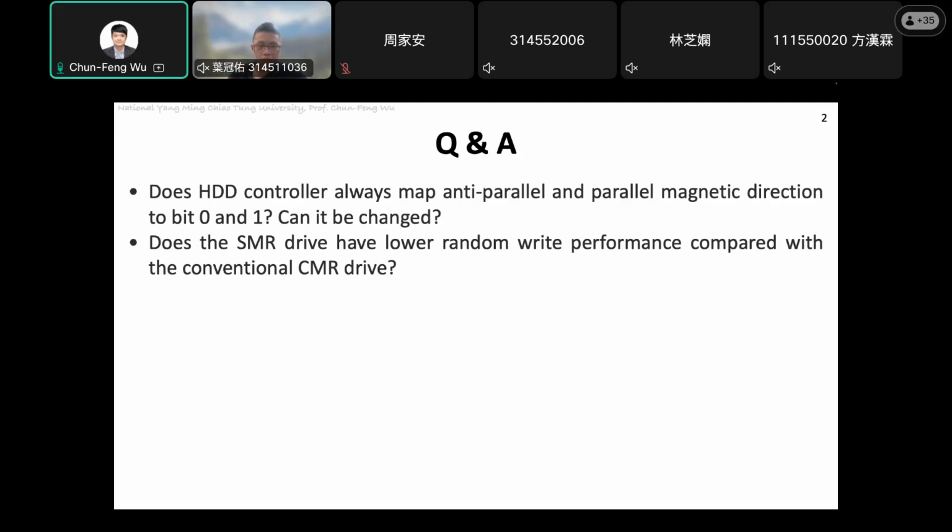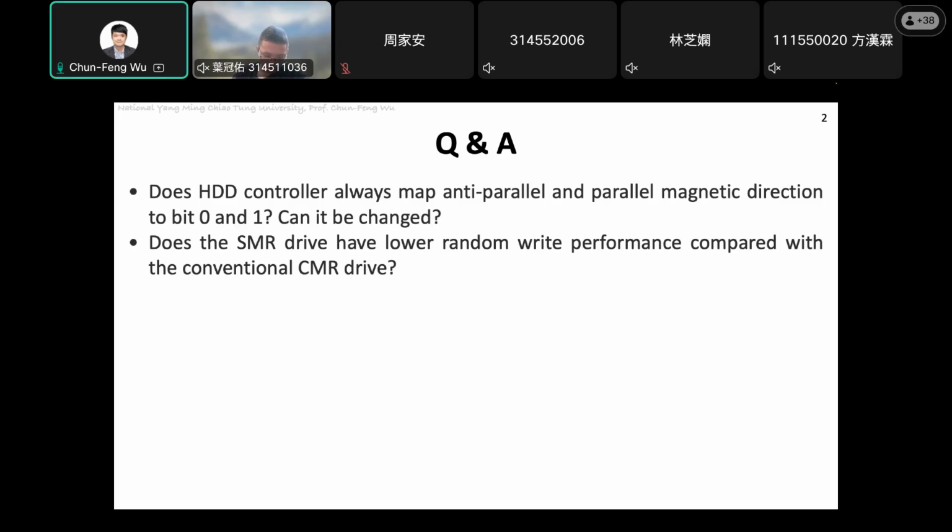And not only the HDD controller, SSD or DRAM also have this kind of mapping. For SSD, we say maybe high voltage and low voltage should be 0 or 1. They can be changed in the firmware. Okay, so this can be changed, but not online.